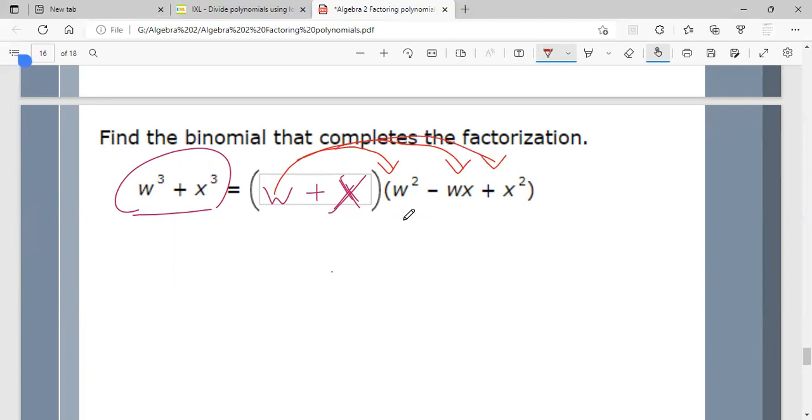So it's going to be W to the power of 3 minus W squared, because of the two W's, I have X, plus X, or WX, WX squared. All right, see how I did that? I took the W's and multiplied them in all those pieces.